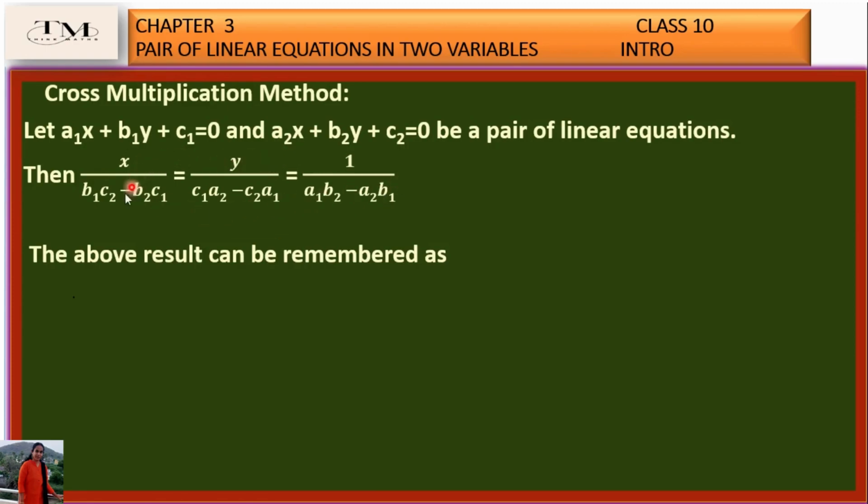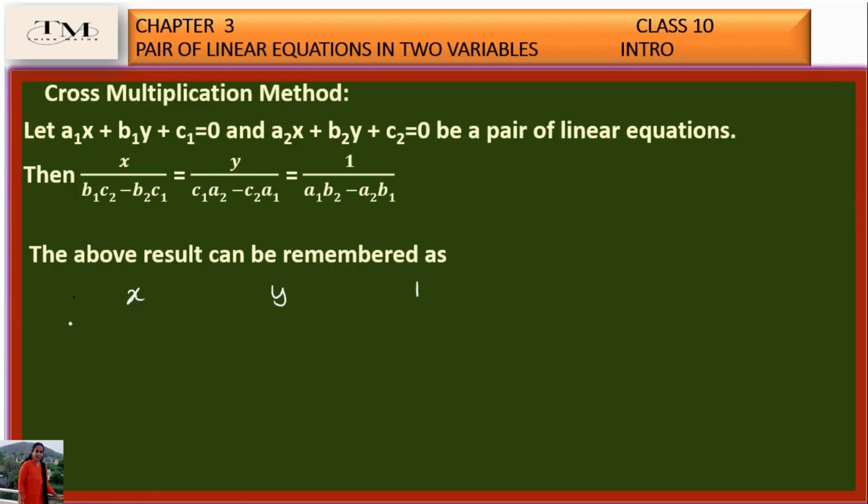That is x divided by b1c2 minus b2c1, which is equal to y divided by c1a2 minus c2a1, which is equal to 1 divided by a1b2 minus a2b1. This result can also be remembered using this picture. We write x, y and 1 here.